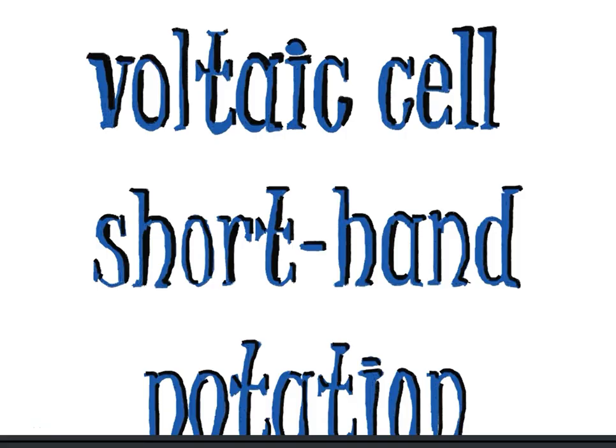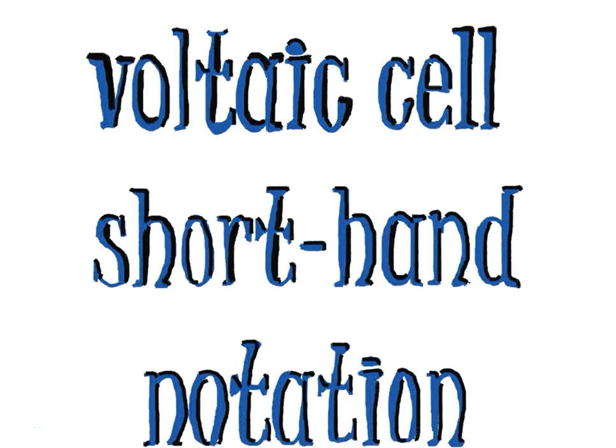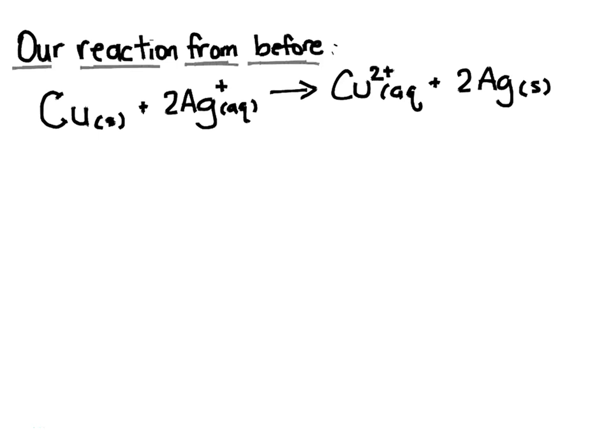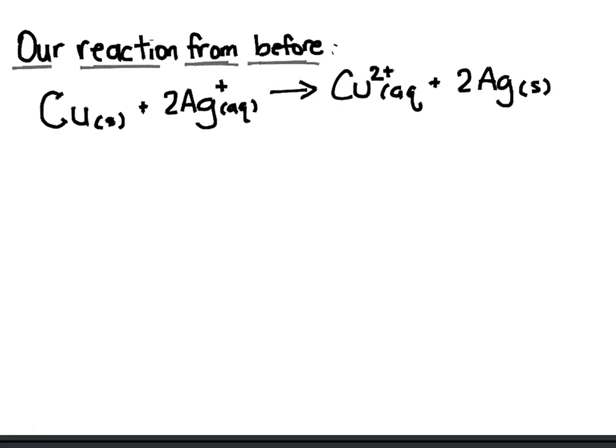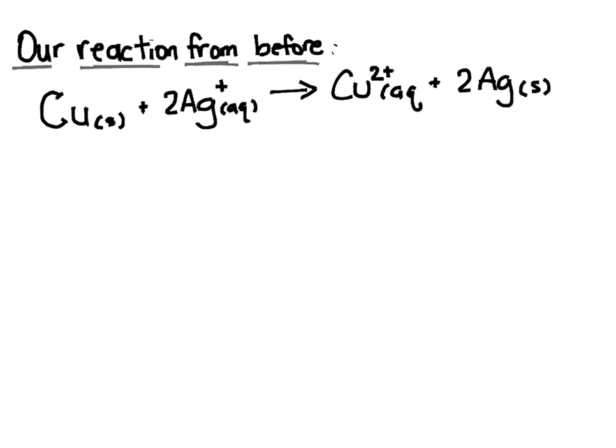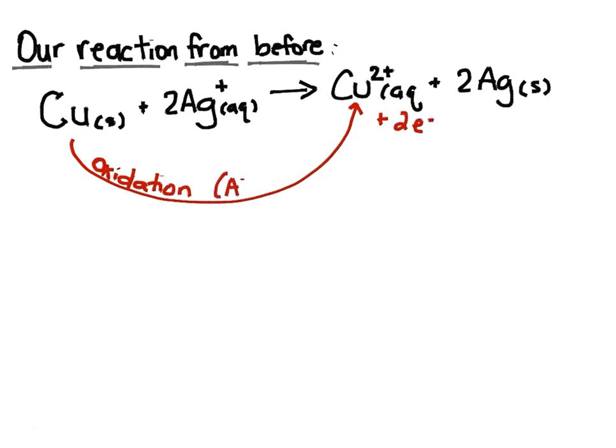There's a shorthand notation that goes with voltaic cells that I wanted to talk about briefly. So this is our reaction that we looked at earlier where silver is reduced and copper is oxidized. This oxidation is going to occur at the anode. 2 electrons are involved in this oxidation.